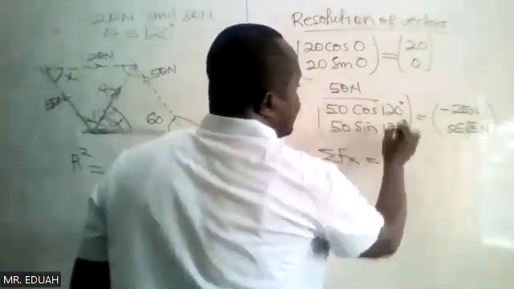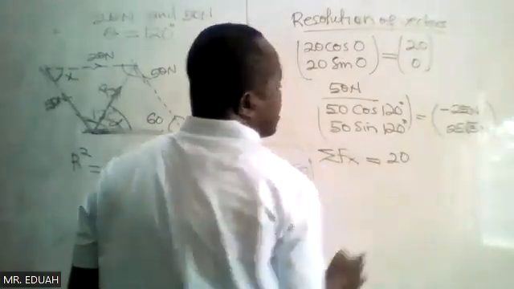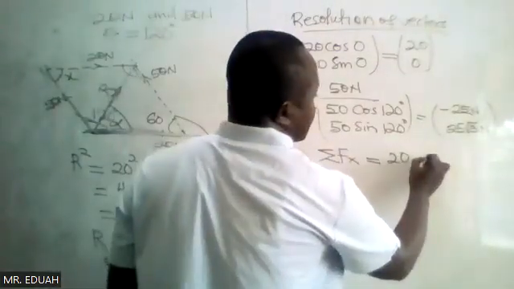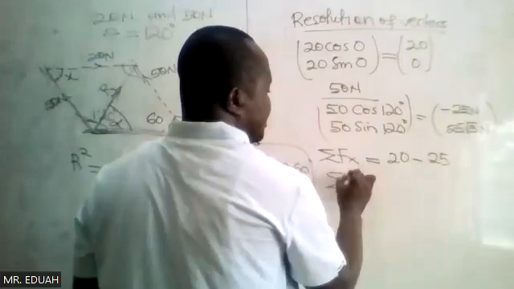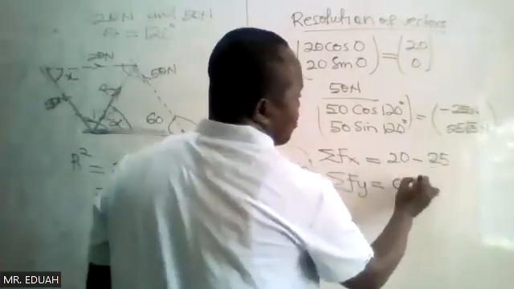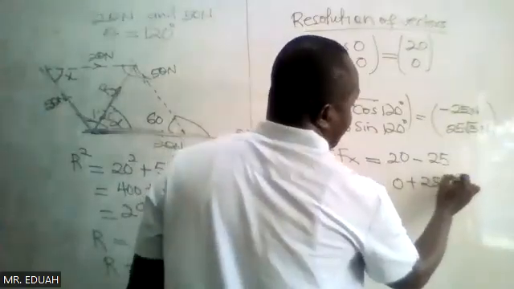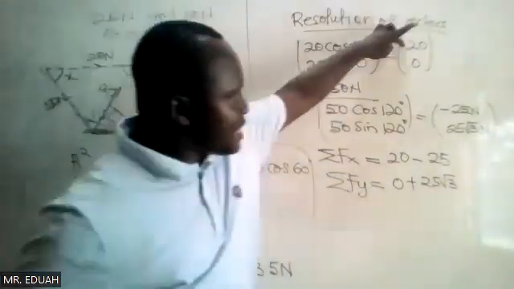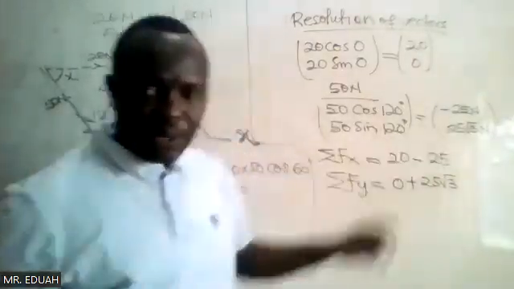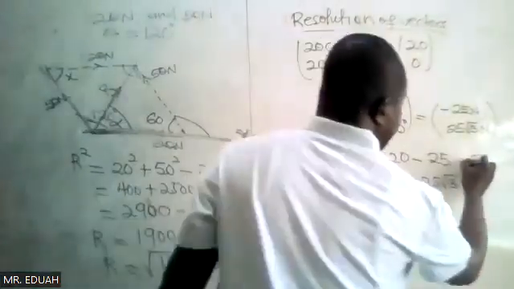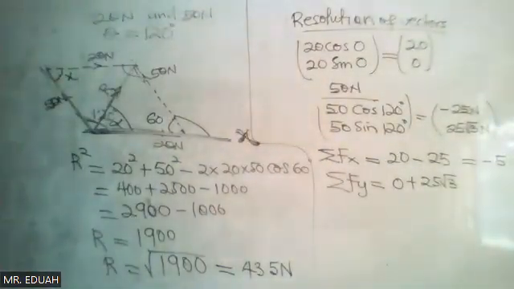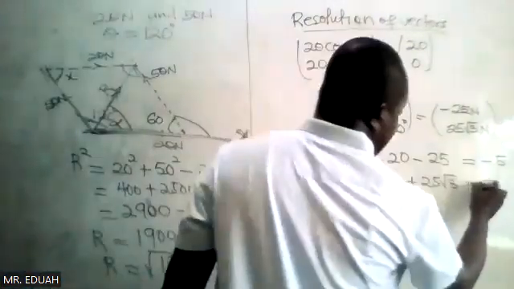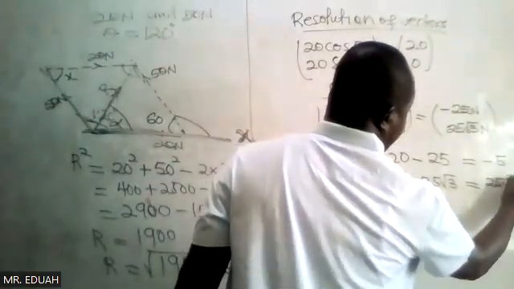So we have 20 minus 25, and then summation of y, we have 0 plus 25 root of 3. So this plus this, and then this plus this one. Okay, this is giving us minus 5. And then this is also giving us 25 root of 3.